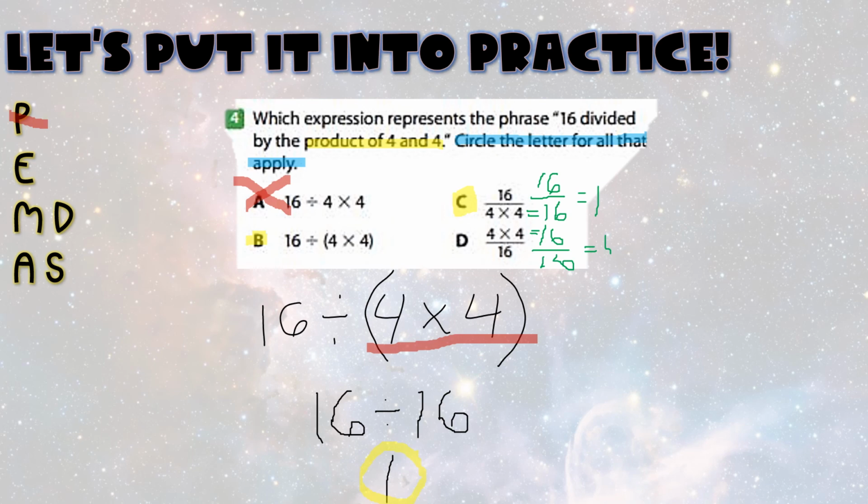Even though the answer is correct and it gives me 1, that's not the same as saying 16 divided by the product of 4 and 4. If it said the product of 4 and 4 divided by 16, then D could be correct. But because of the way that it's written, D would not be correct. So it's important that you follow the order that it's written. So the correct answers for number 4 would be B and C.